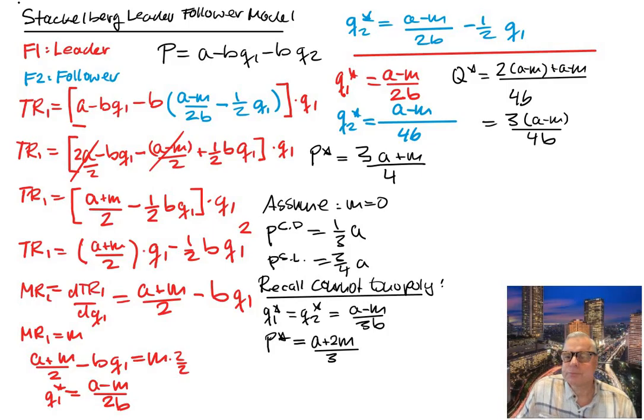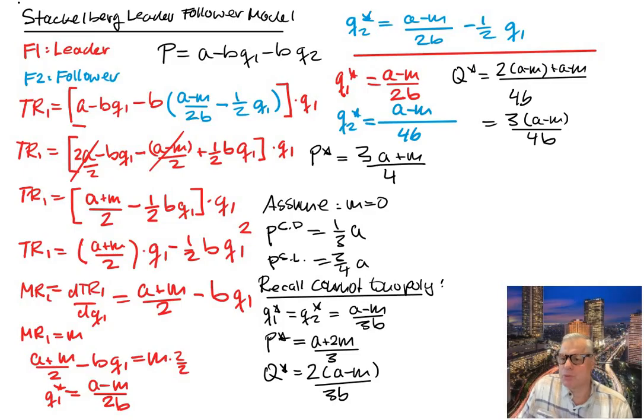So that is the quantity of the leader and the follower, and the total quantity in a Cournot duopoly is 2 times A minus M over 3B. So now let's also assume that B is 1, and it's a little bit easier.